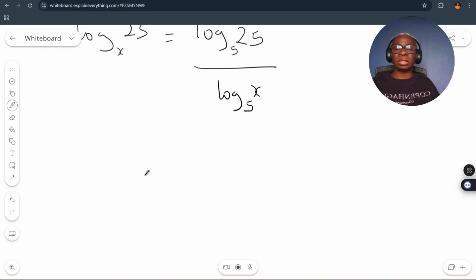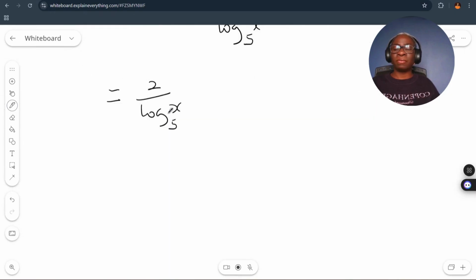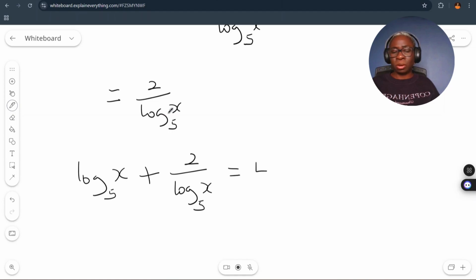Log 25 base 5 is 2, so this is 2 over log x base 5. Now we substitute it back into the given equation, which says log x base 5 plus 2 over log x base 5 equals 4.